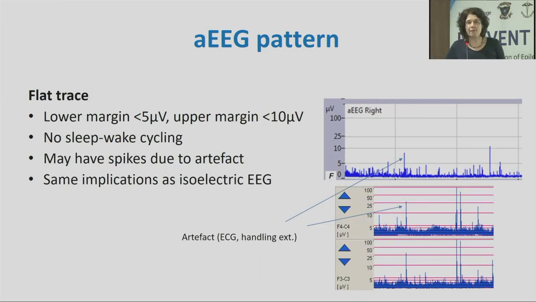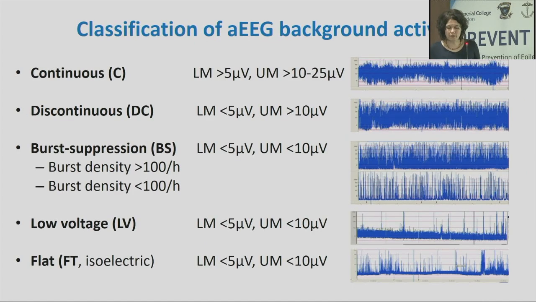And then the flat trace is more or less the same as the low voltage, but even flatter. So really 0 and then well below 5 for the upper margin too. All these spikes are due to artifact, ECG, or handling. And this is just sort of a summary of the definitions.